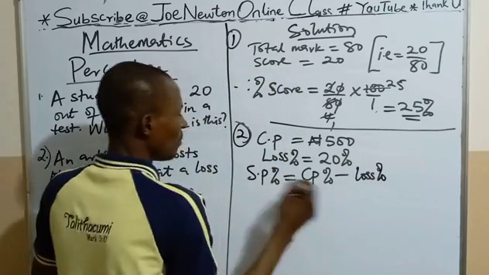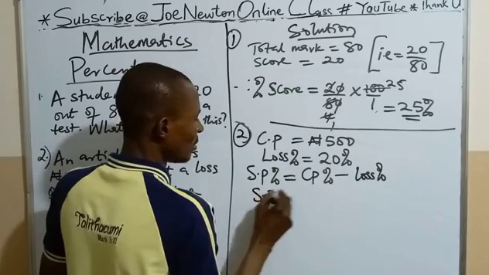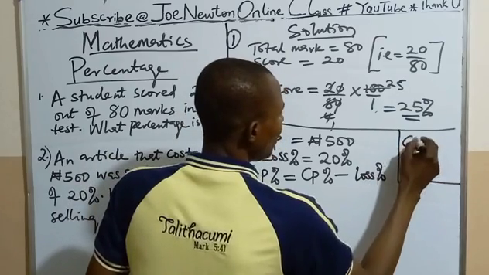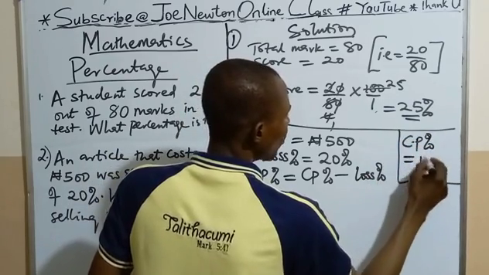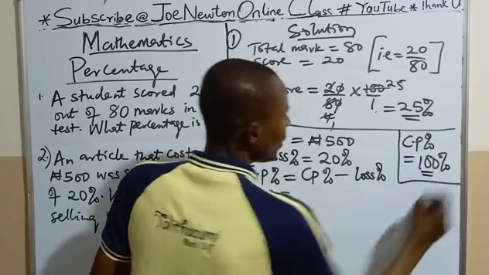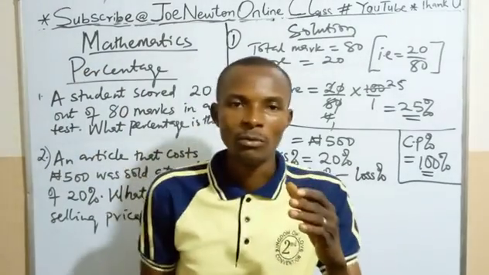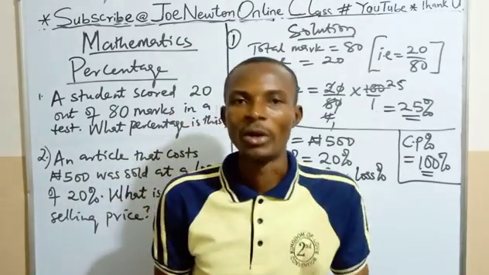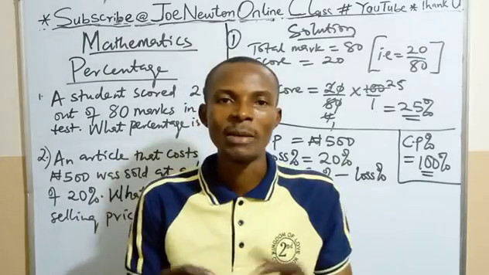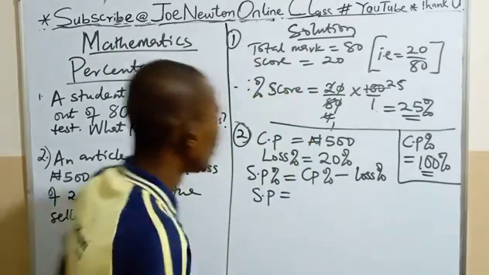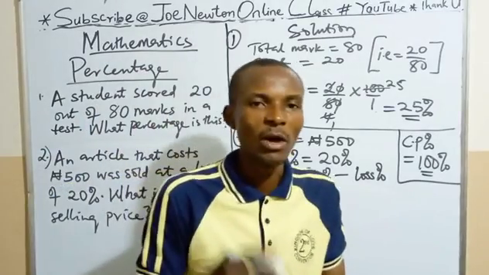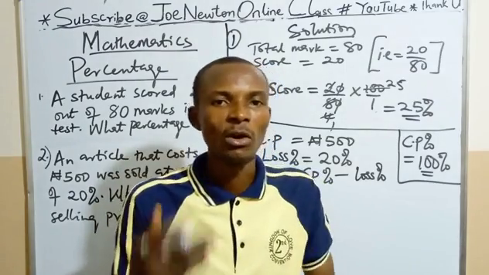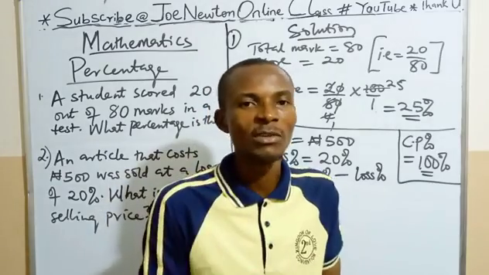By implication, the selling price will be equal to the cost price percentage. We should know that CP percentage is equal to 100%. If you buy something for 15 naira and sell it for 15 naira, you make neither loss nor gain. In that case, you sold it at 100% of what you bought it. When you make a gain, you sold it over 100% of what you bought it. If you make a loss, you sold it below 100% of what you bought it.